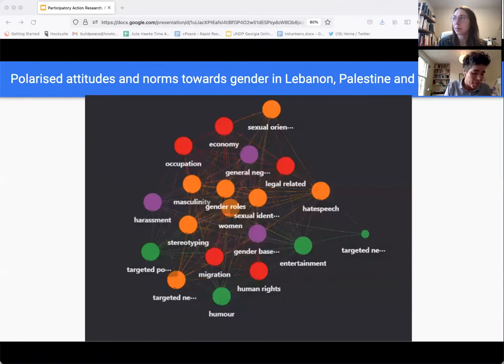Okay, so participants from Syria found evidence of polarizing attitudes on social media posts discussing the roles that women can play in society, where there's clear evidence of a perceptual shift towards stereotypes. This was clear not just in the qualitative analysis of posts that they conducted, but also in observing the topic network graph, which is what you're seeing, which shows that the issue of the role of women is largely addressed in terms of masculinity and gender identity.